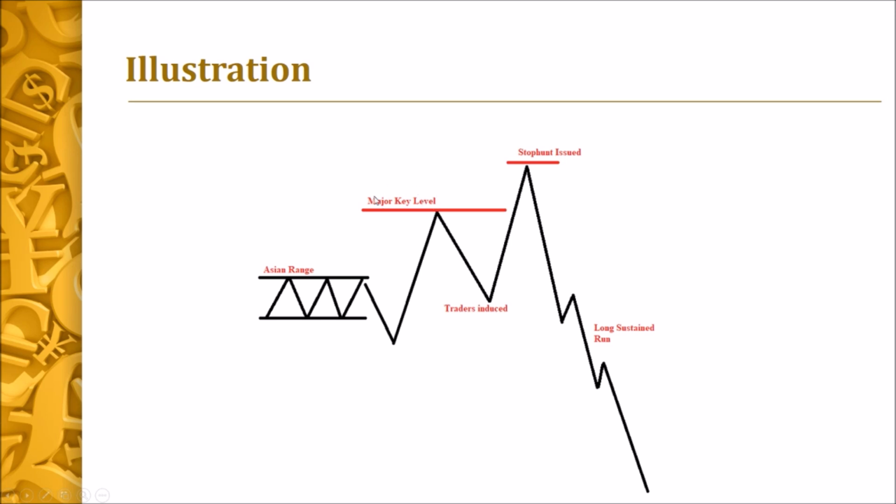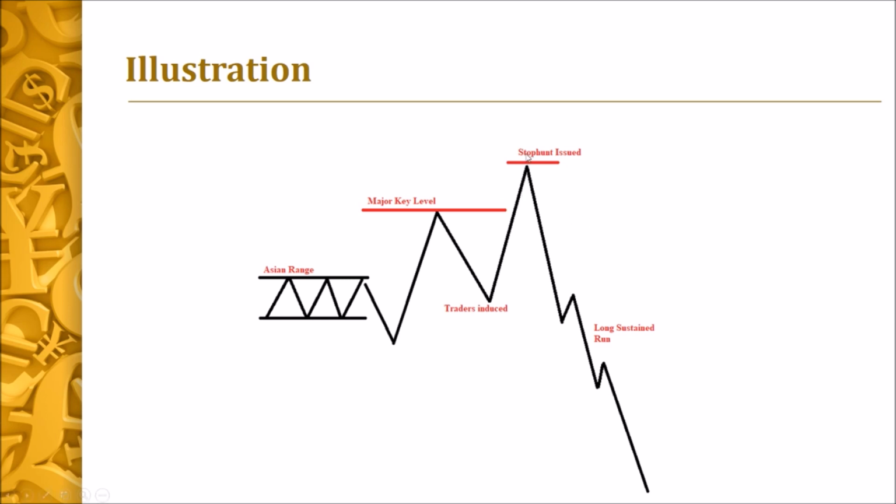At the major key level, most traders are convinced to take positions, when in actual fact they are being induced again in another direction. This is where market makers come in to clear the board by issuing a stop hunt.